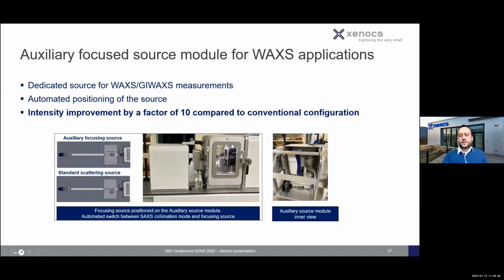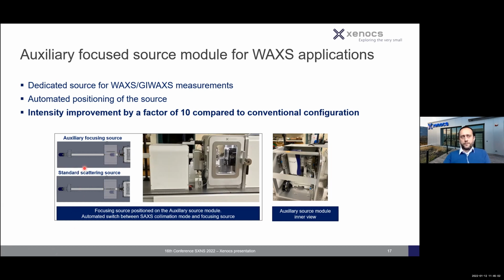As a latest development, I would like to mention this new auxiliary source that we have been developing. It is a focusing source placed just before the sample chamber, and it is fully motorized to be inserted into the incident beam in order to produce a focused beam on the sample.